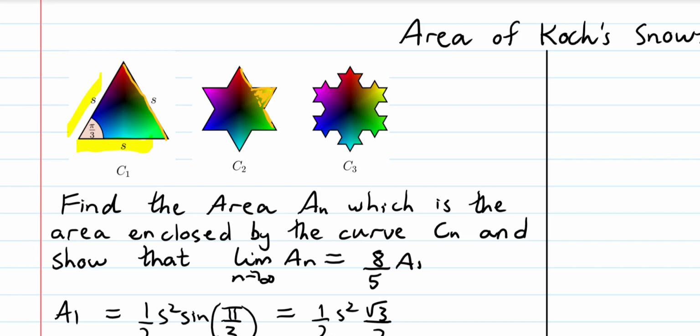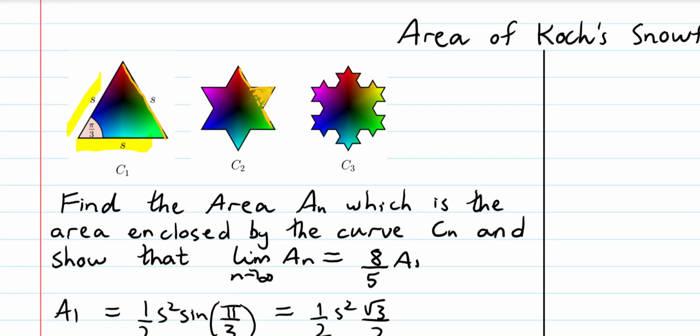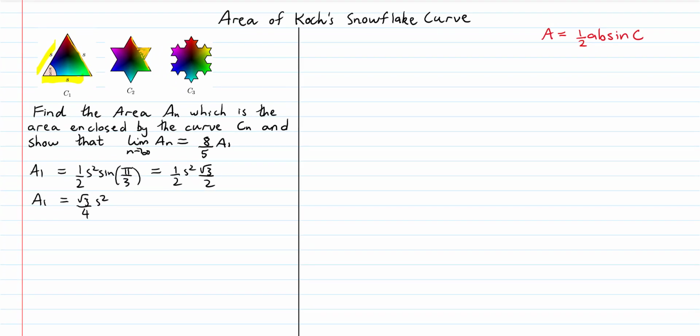So each side of the previous iteration, when we come to the next iteration, is going to have one new triangle added onto it. We found in a previous video, when we were looking at the length of the curve of Koch's snowflake, that the number of sides at C_n is equal to 3 times 4 to the power of n minus 1.